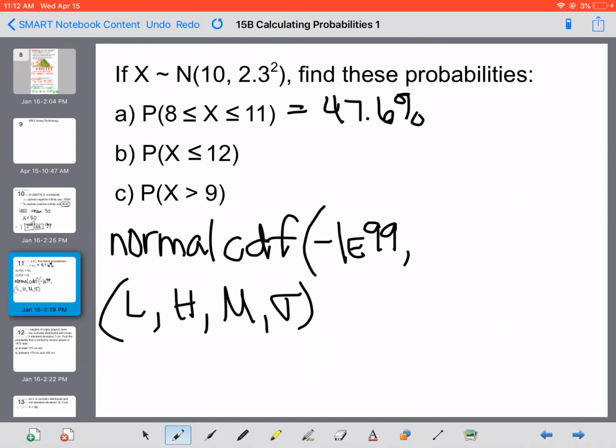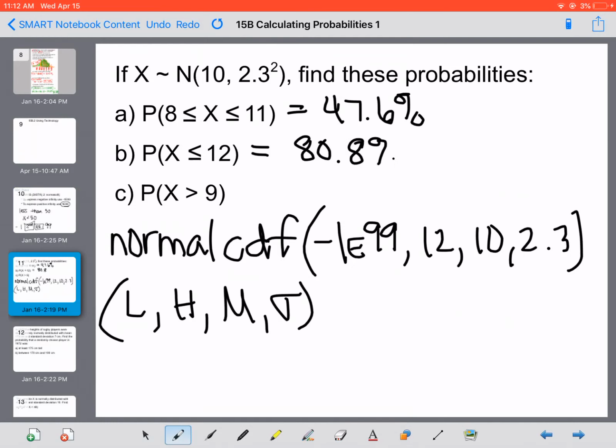So it's really negative 1 times 10 to the 99th power. So that's where you're going. And then your high is going to be 12, and then your mean is 10, and your standard deviation is 2.3. And when you hit enter, you're going to find that it's going to be 80.8% rounded 3 sig fig.